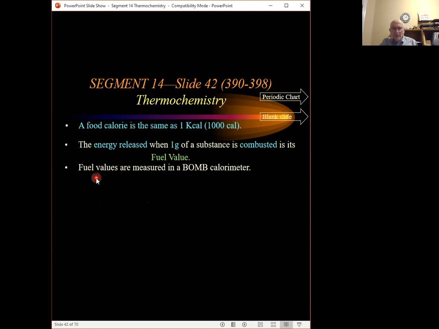Now, the neat way to measure heat flow is to do it in a bomb calorimeter. And you can measure the heat that is given off when you burn a certain amount of the compound in a container whose volume can't change. And this is what they do to give you the calories that's in your Cheerios. They put a known weight of Cheerios in the bomb calorimeter, say 1 gram, and then they burn it with an excess of oxygen and see how much heat is given off.